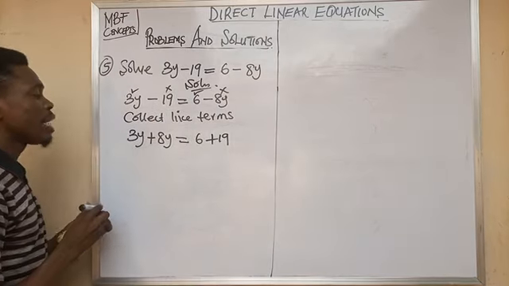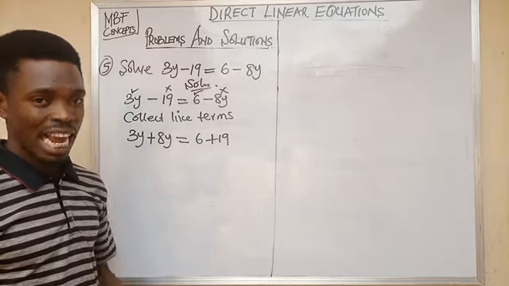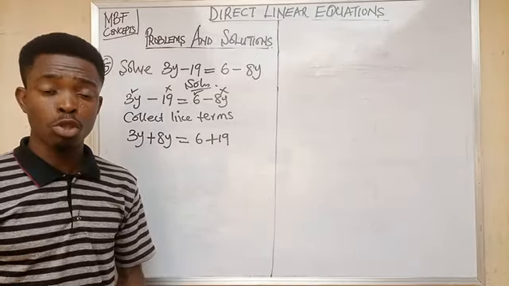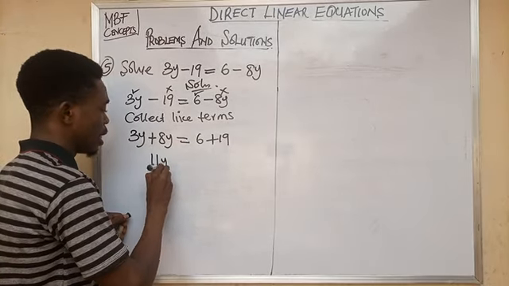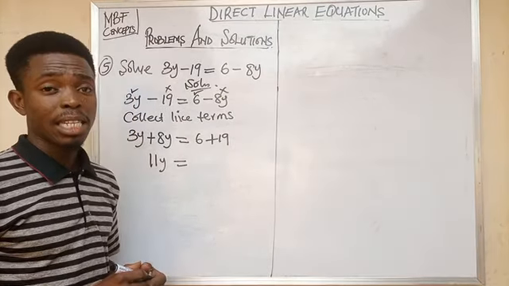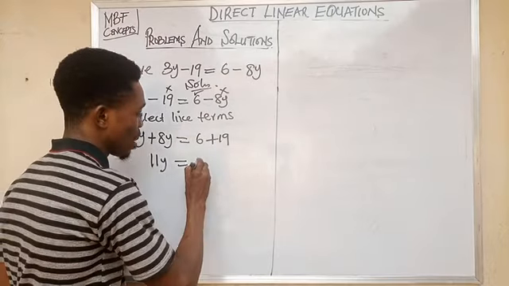Guys, 3y plus 8y. Let's assume y is a yam. 3 yams plus 8 yams, we are going to have 11 yams, guys. Therefore, we have 11y. And now, 6 plus 19, we are going to have 25, right? So we have 25.